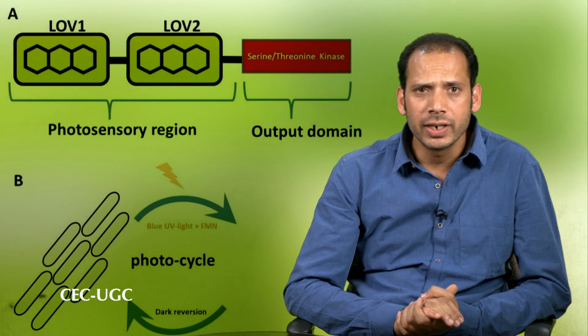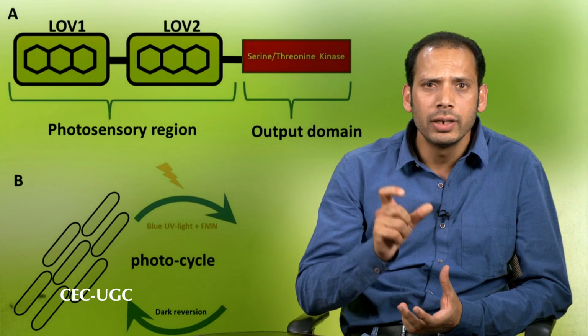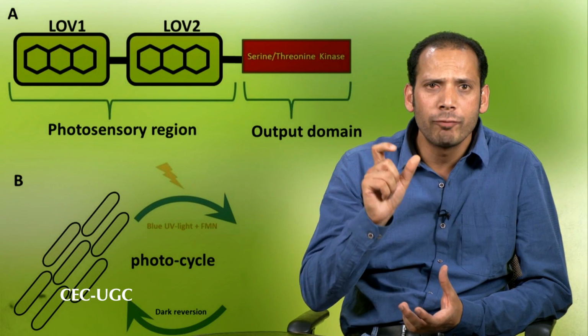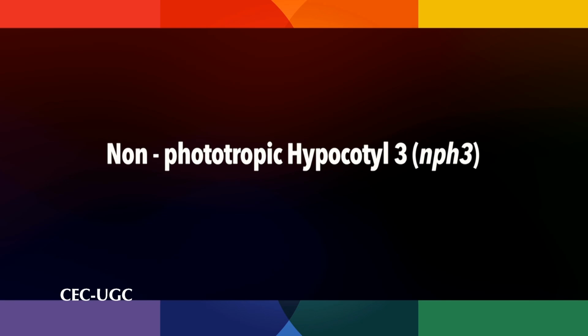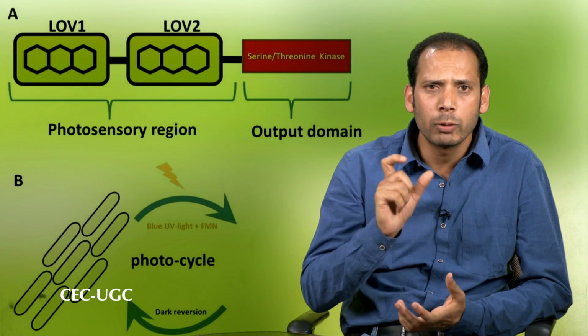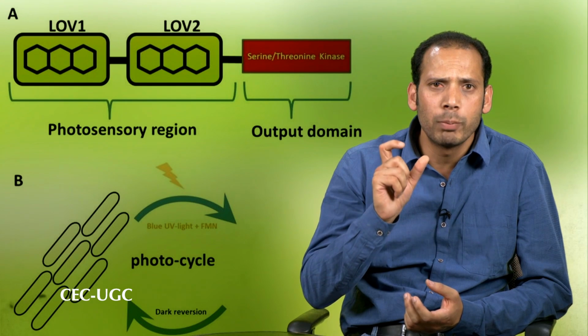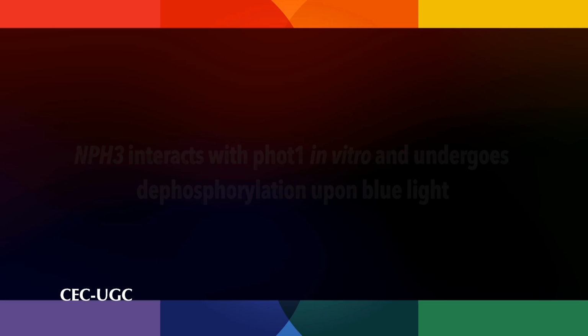Phot activation has been biochemically linked to auxin redistribution via a Phototropin-1 interacting partner. Non-phototropic hypocotyl 3, NPH3, is necessary for phototropism in Arabidopsis and interacts with the photosensory N-terminal of Phototropin-1.